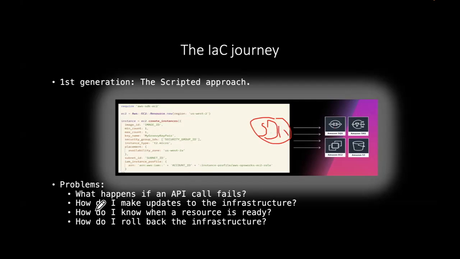Another problem might be, when do I know when a resource is actually ready? You know, the creation of these resources by the AWS services, they're going to take time. Okay, we're talking about seconds or milliseconds. But if there's some part of your script down here which is dependent or assumes that a resource that it wanted created earlier on has to be ready to receive more configuration settings, let's say.